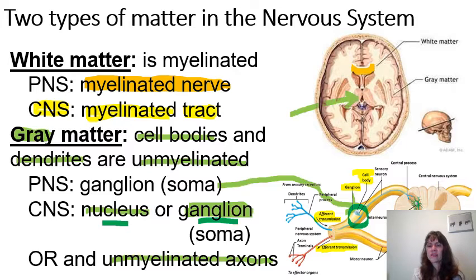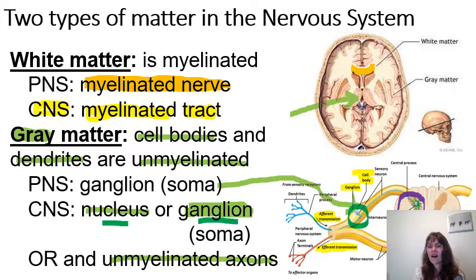Here we see cell bodies and dendrites of motor neurons and an interneuron.